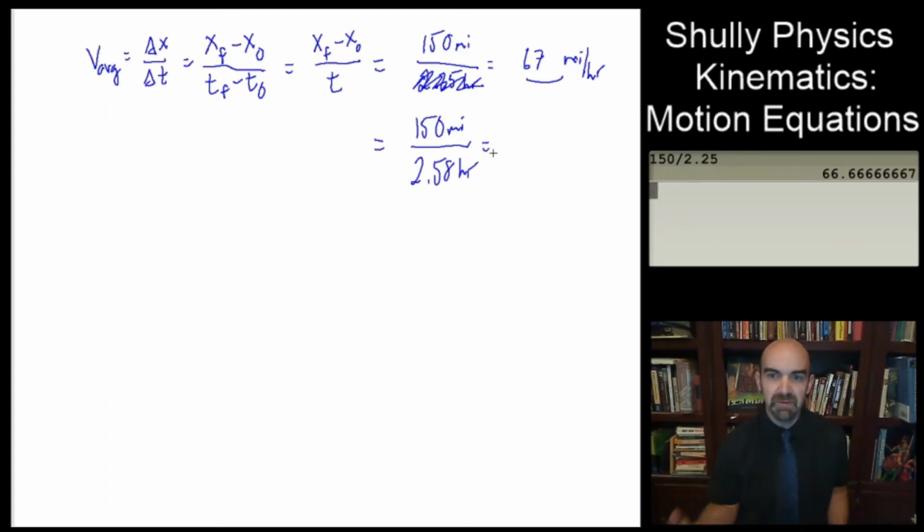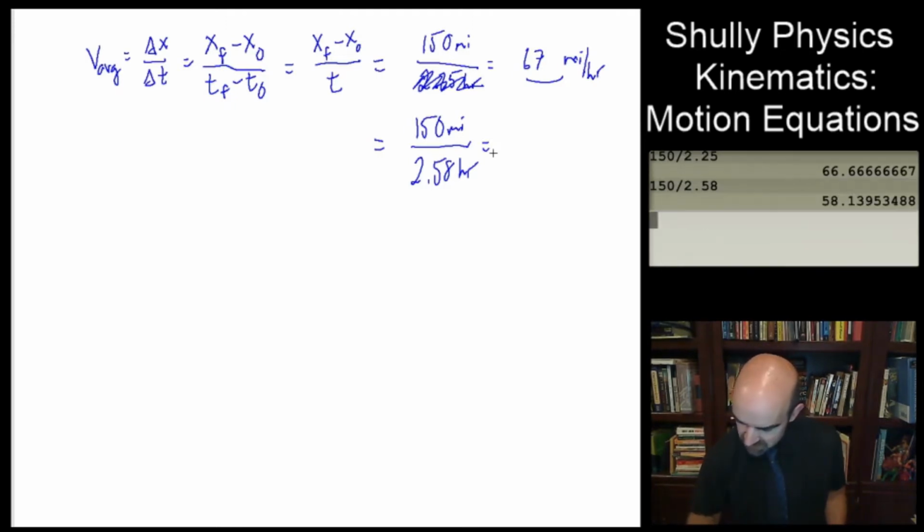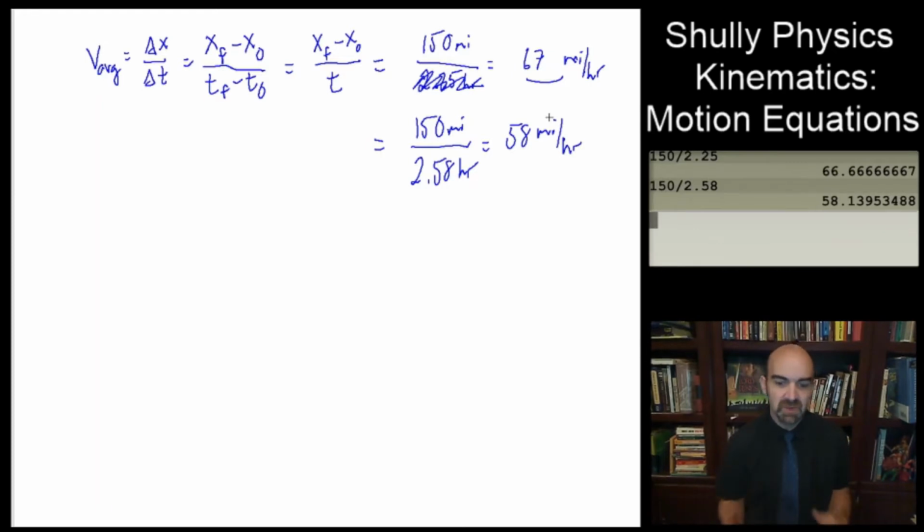So our average speed, average velocity is going to be a little bit less than that. 2.58 hours, 58 miles per hour. Do you see how that stop in the middle reduced the average velocity? Okay, so sometimes average velocity when you're looking at an entire trip is pertinent.